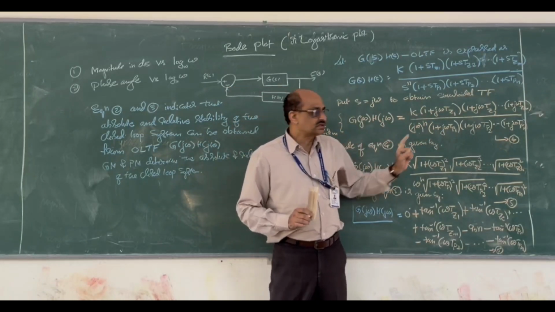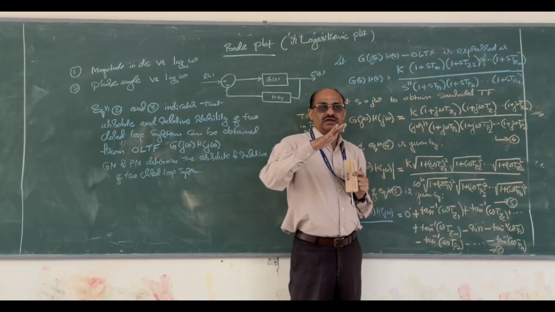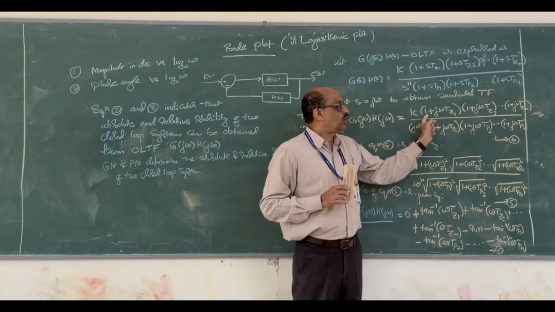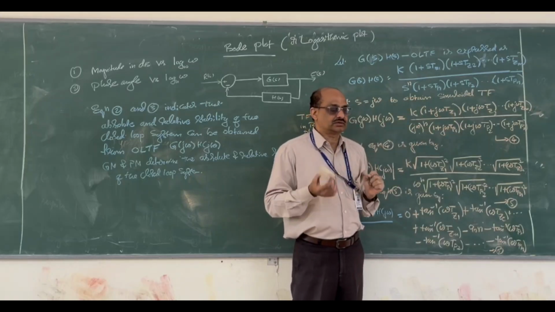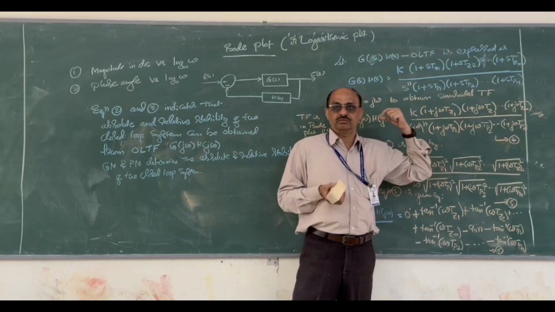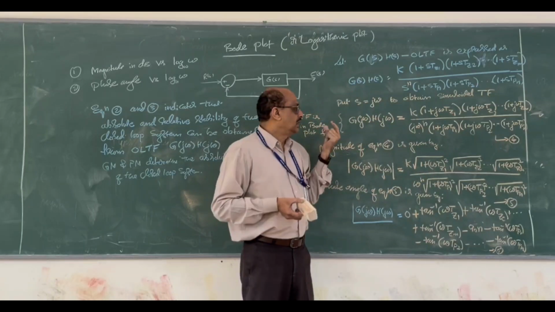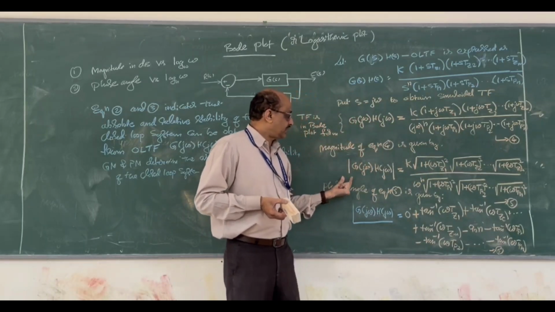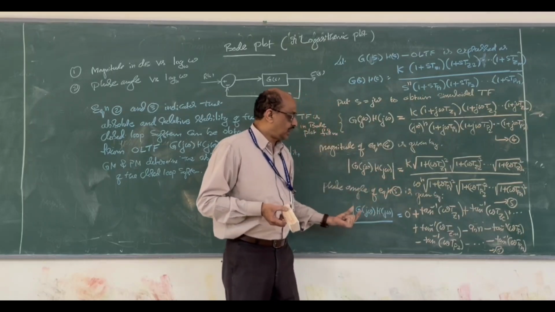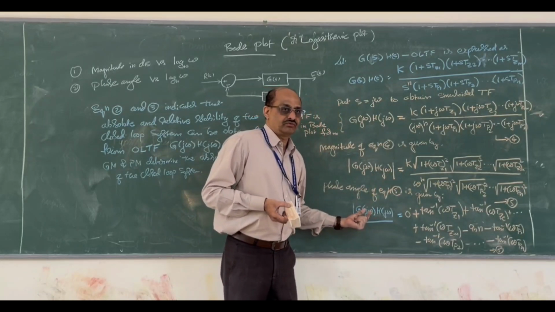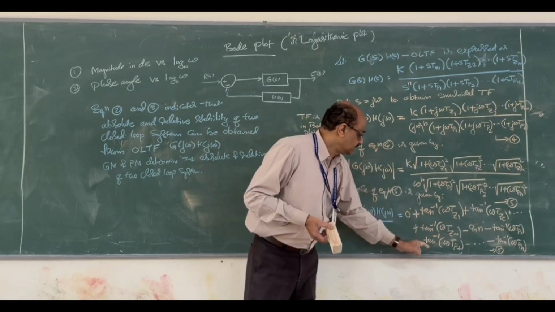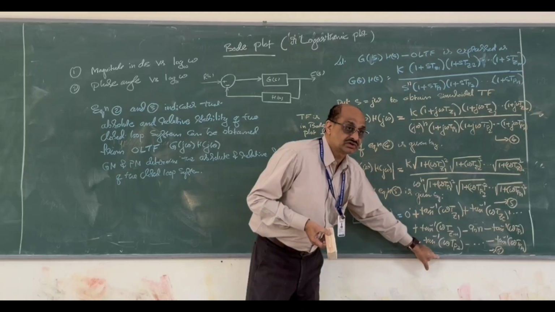Bode plot form means that whether it is a simple zero or simple pole, it should be 1 plus something j something. So it should be expressed in that way. Then I can find the magnitude using equation 5, and the phase angle contribution due to each factor is expressed in equation 6.